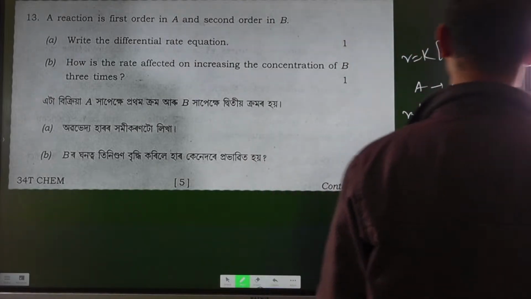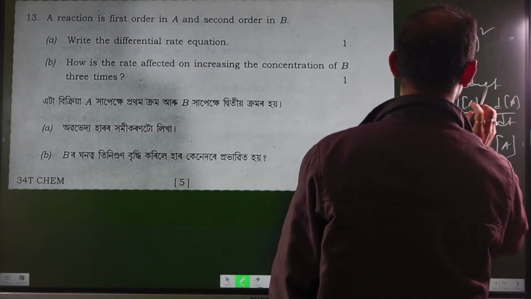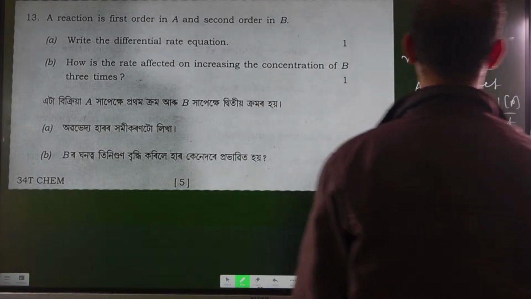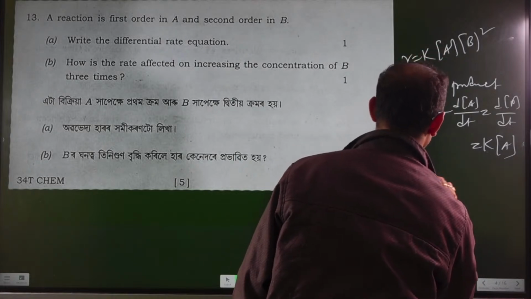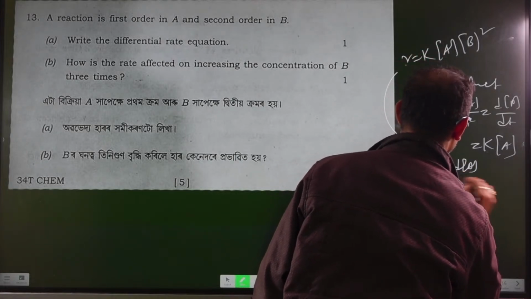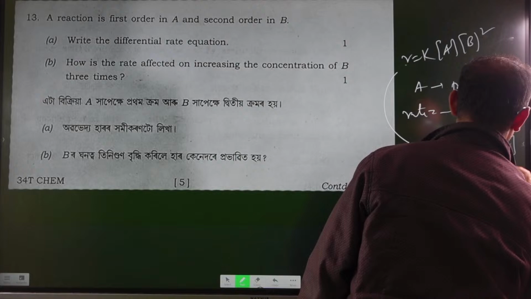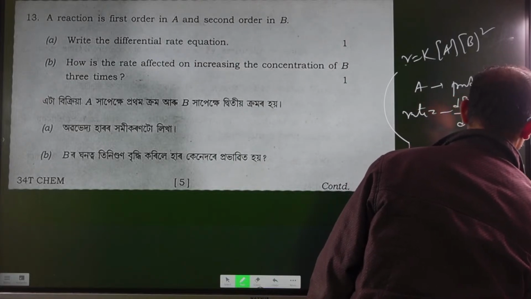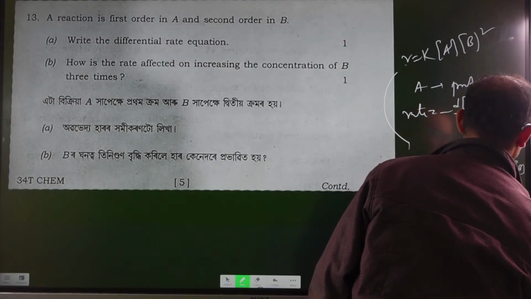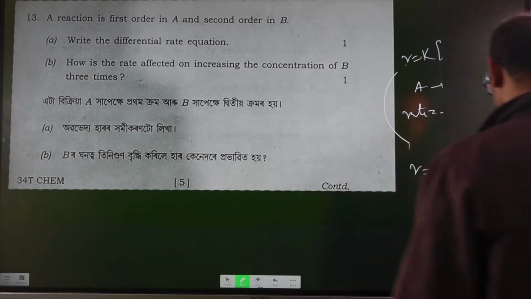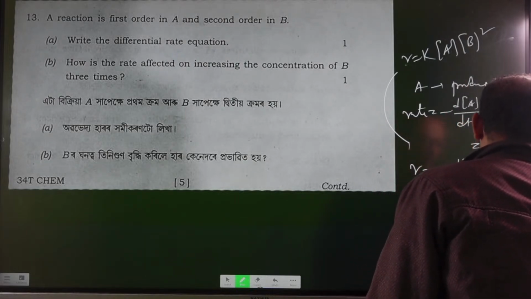So you have to write minus dA by dt, and from here you can write rate is equal to minus dA by dt, minus dB by dt, is equal to K concentration of A concentration of B squared. This is your rate expression.